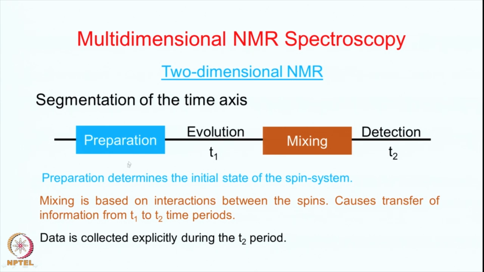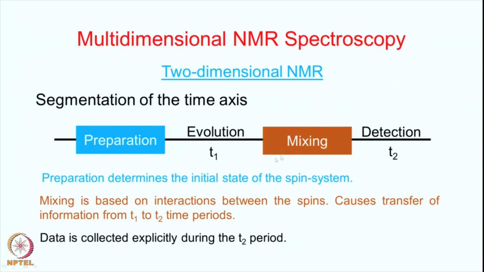Preparation period prepares the system in a suitable initial state. This may include the excitation. So, when you do that, you create transverse magnetization from the spin system, and then you allow this magnetization to evolve during the period t1, which is now a variable, and therefore we call it an evolution time, and this is the variable time.